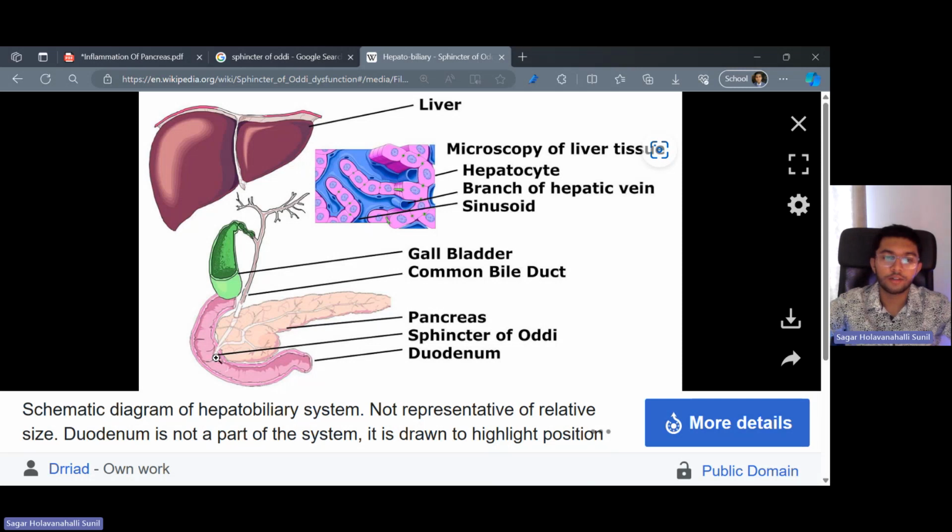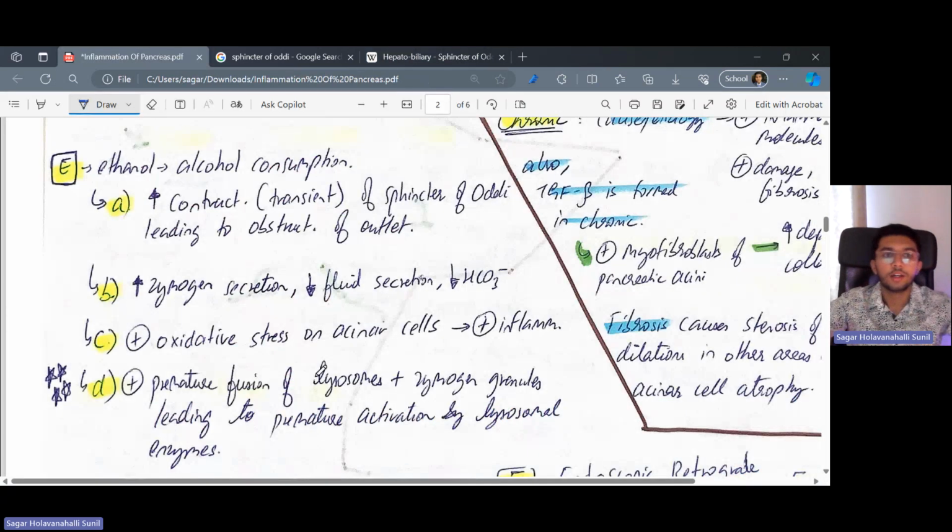Over here, where they enter into the small intestine, the duodenum, there is a sphincter of Oddi. So when there is excessive contraction, it essentially means that the fluid within the common bile duct is not being removed into the intestines. And then also there will be increased zymogen secretion because of ethanol.